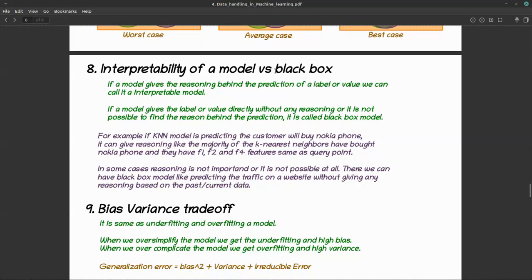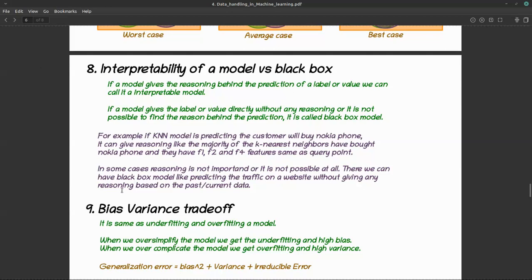And what is a black box model? You give the input, it gives you the output, for example that this person has cancer. Now if you ask the model why, due to which feature or which reason, and it doesn't justify, or doesn't say that it is due to this feature, this data point, or this neighbor data point, then it's nothing but a black box model.